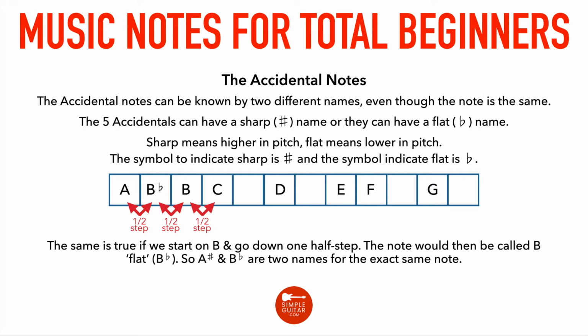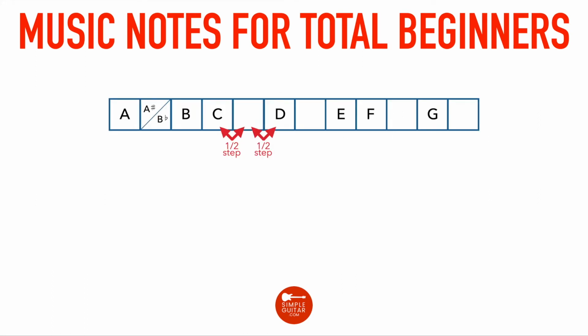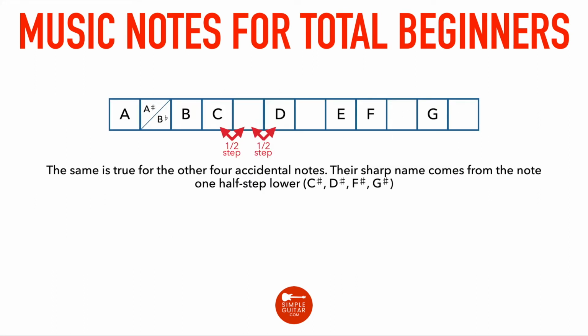Pretty crazy, right? So that's what I mean by the accidental notes have 2 names. They can be known by a sharp or a flat. So in this case, this note between A and B can either be called A sharp or B flat. So let's look at these other accidental notes here, okay?